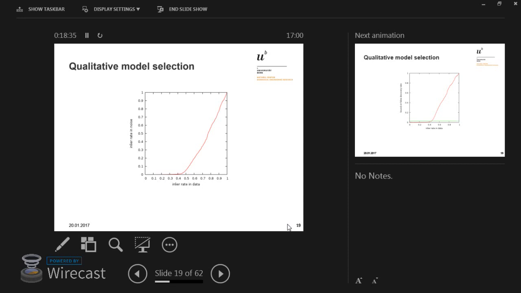And the best way to actually limit the pollution of the model using this system is to put a limit on the false discovery rate. In this case, the false discovery rate is quite easy to calculate. It is the inlier rate in the noise divided by the inlier rate in the data. So this is a very simple formula to calculate the pollution levels in your model.